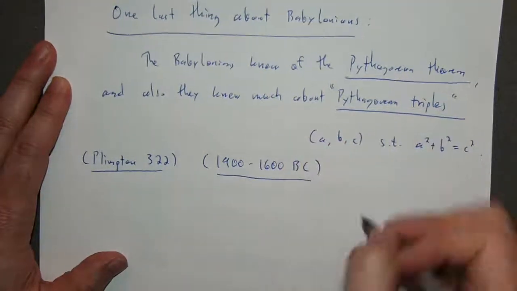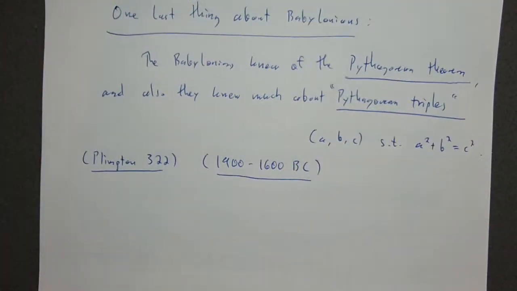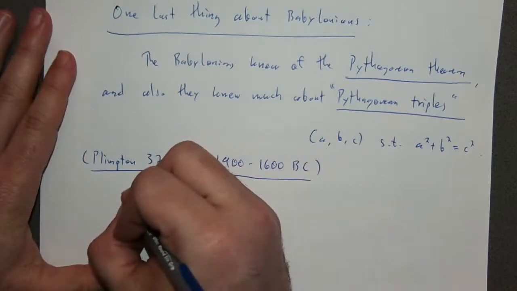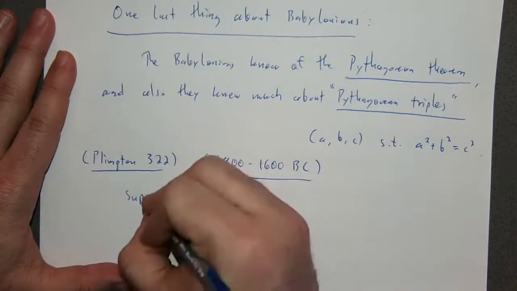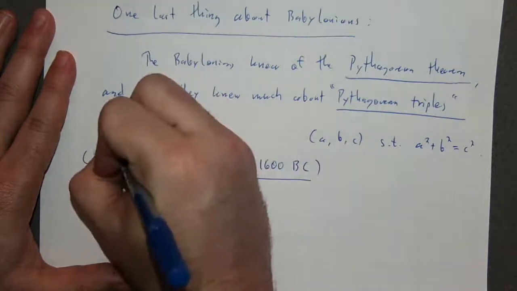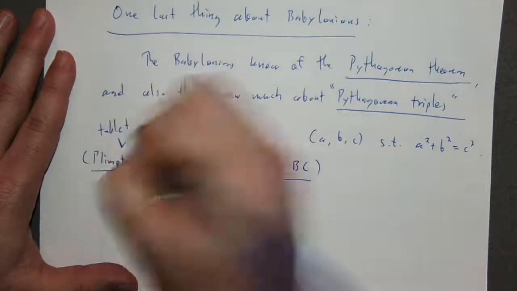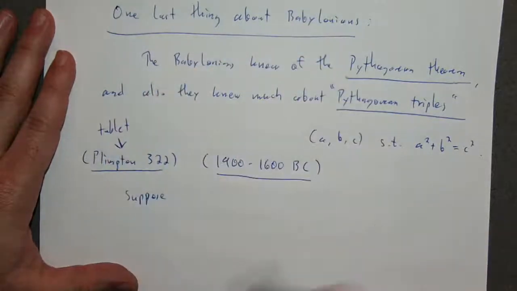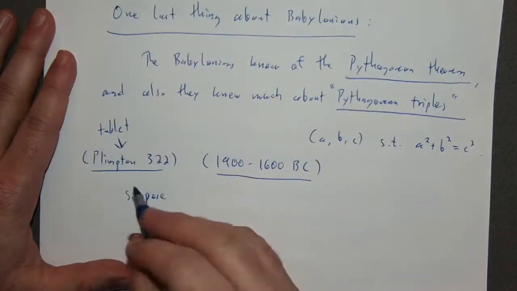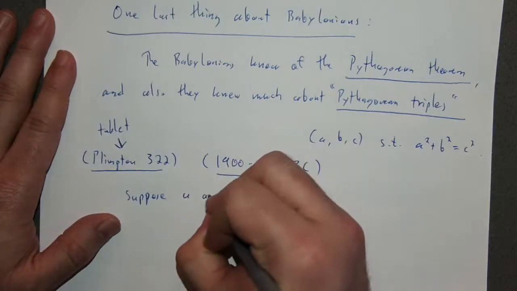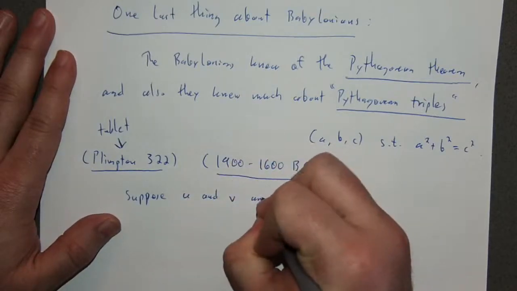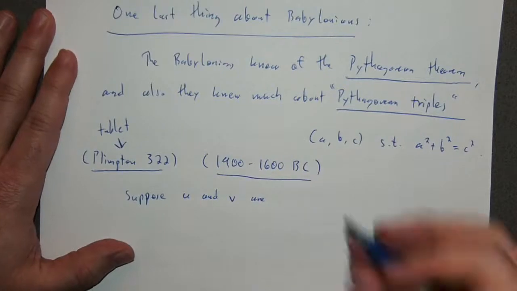This is the name of a tablet, I should say. And what this says is the following. There's a fact on this tablet that says, written in modern notation, suppose u and v are relatively prime positive integers.